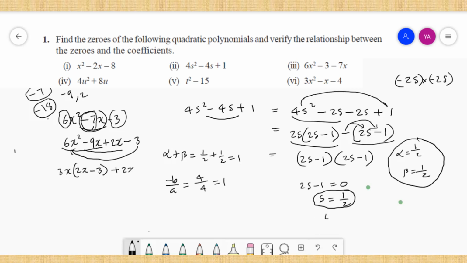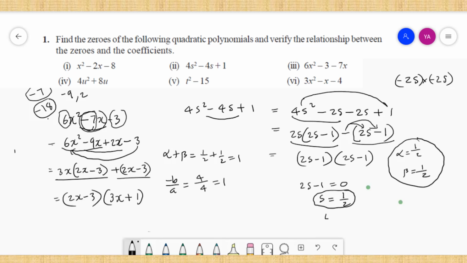Then you can take 2x minus 3 outside the bracket. So it will be 2x minus 3 into what inside the bracket? 3x plus 1. Plus 1, since here there is no minus sign, it is a plus sign.